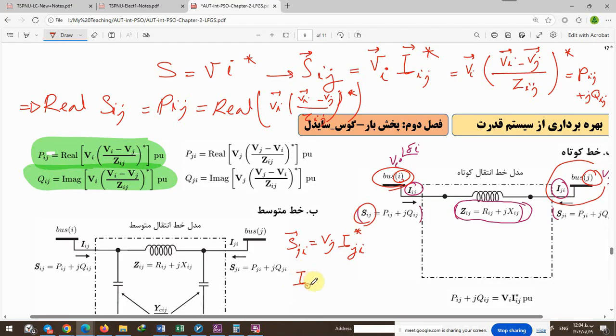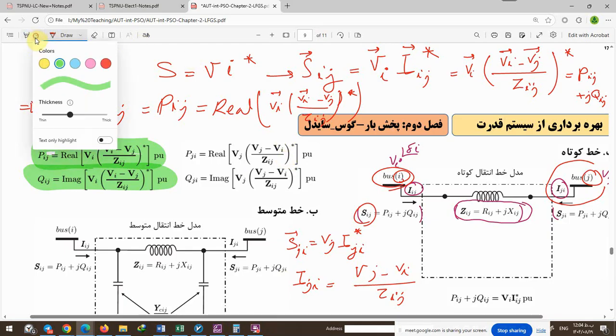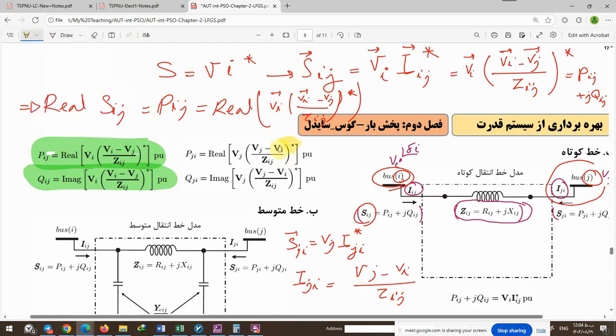What is Iji? Iji is Vj minus Vi over Zij. And you can find it. The real part is Pji and the imaginary part is Qji.